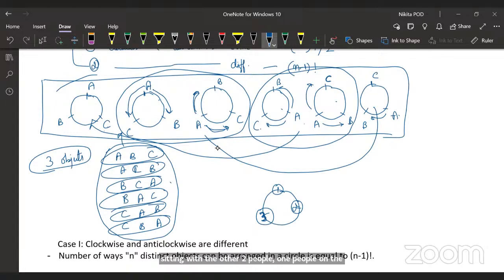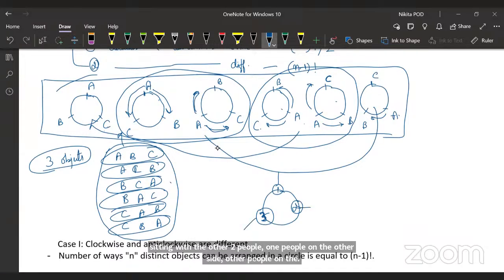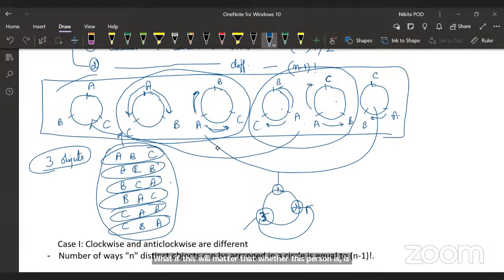If this is you, these two are going to be some other people. But it will matter whether this person is on this side, or the other person is on this side. That is the only thing that will matter.